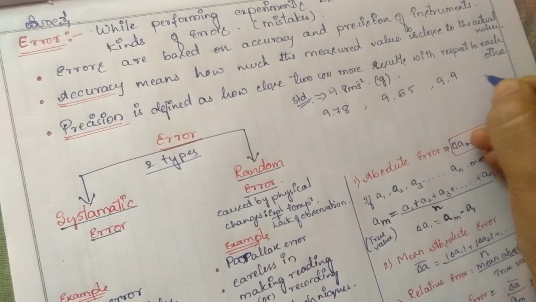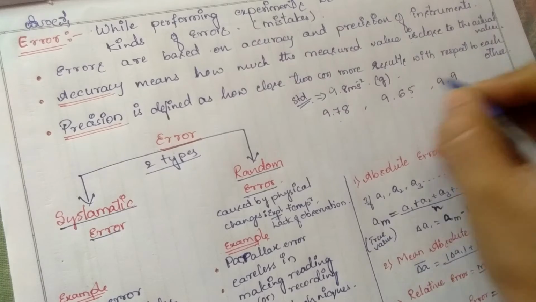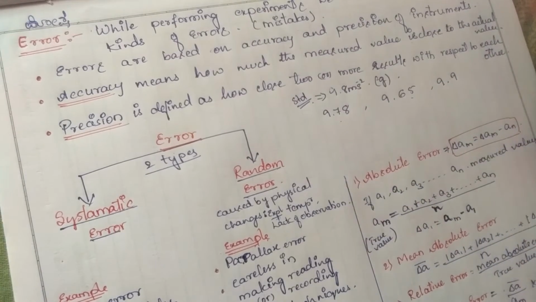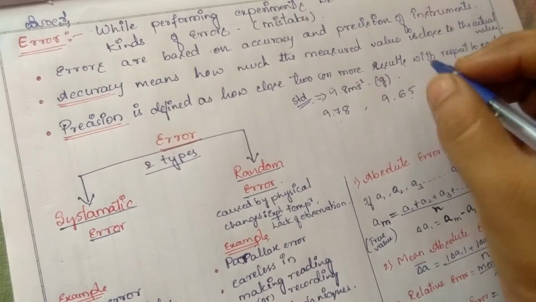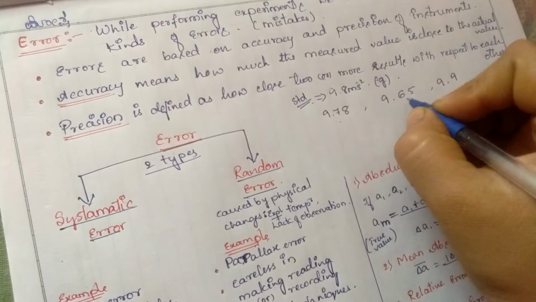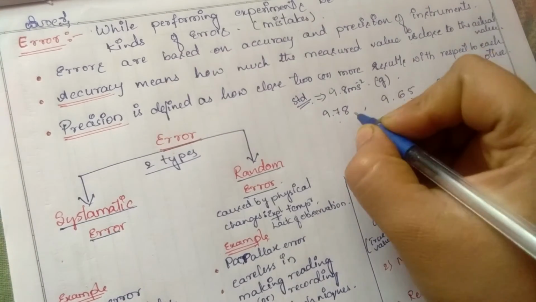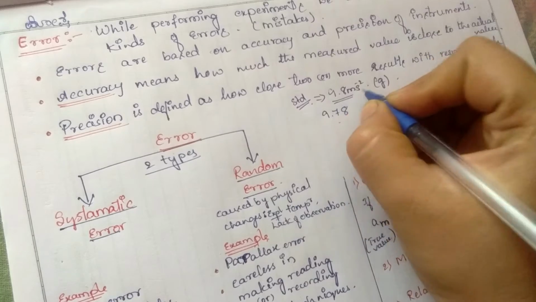In this case we get three different values in the experiment. Which result is accurate, meaning nearer to the 9.8 value?